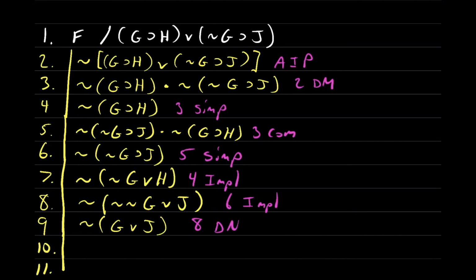So if I do De Morgan's rule on line 7, I'm going to get not G and not H. So line 7 by De Morgan's rule. And I'm going to do the same thing on line 9. That's going to give me not G and not J. Line 9 by De Morgan's rule.